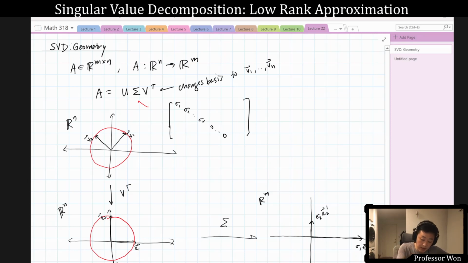So it's somewhat clear that what you're doing is sending that sphere to this hyperellipse.